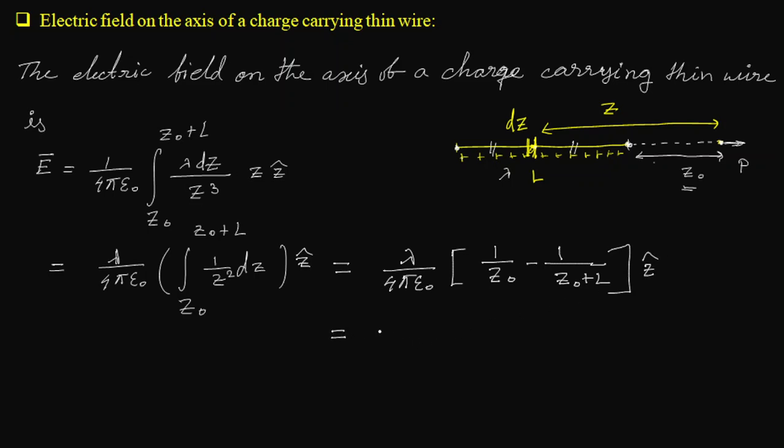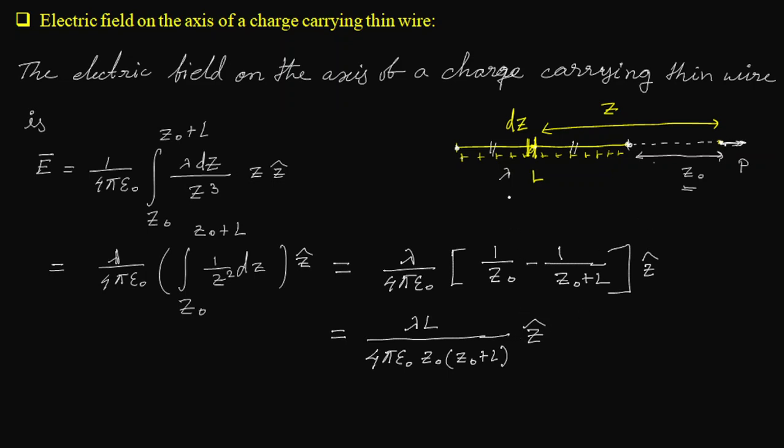Now if we simplify a little bit more, we'll get z naught plus L minus z naught. So we'll get lambda into L divided by 4 pi epsilon naught z naught into z naught plus L, and the direction will be along plus z cap, so in this direction, towards the right.